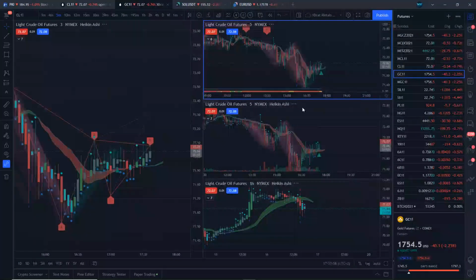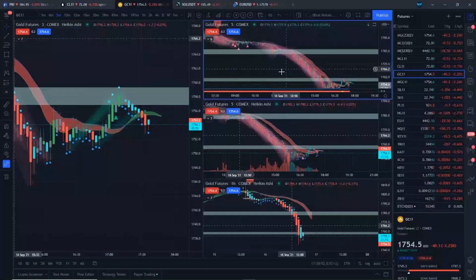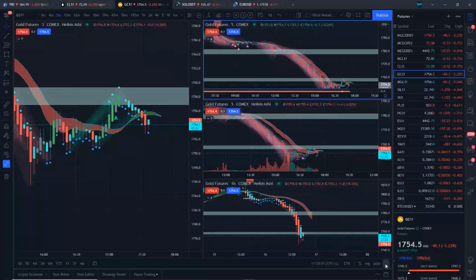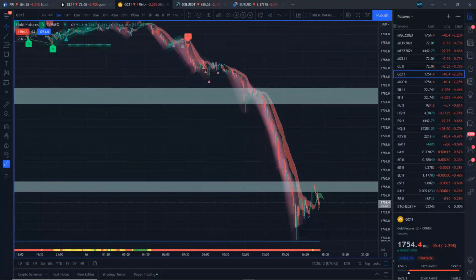What that does is it relies on Heikin Ashi candles to give signals. For example, like this here, this 6-star sell on gold that's just continued to tumble. So that relies on Heikin Ashi. It doesn't affect Elliott Wave because the highs and the lows are still the same. It's just the body of the candle that is different. It's an averaging candle.